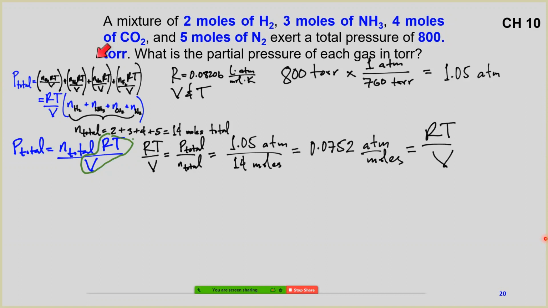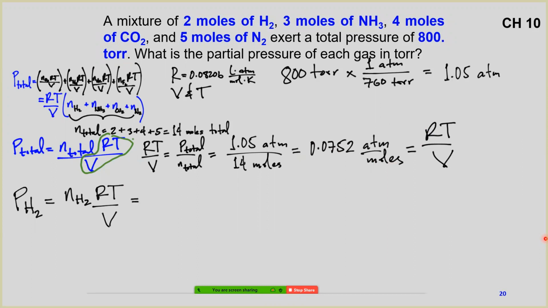So now we can solve for the partial pressures, because that's what we're trying to find here. So the partial pressure of, let's say, hydrogen gas is equal to the number of moles of hydrogen gas times RT over V. We know what RT over V is. We calculated that. It's right here.